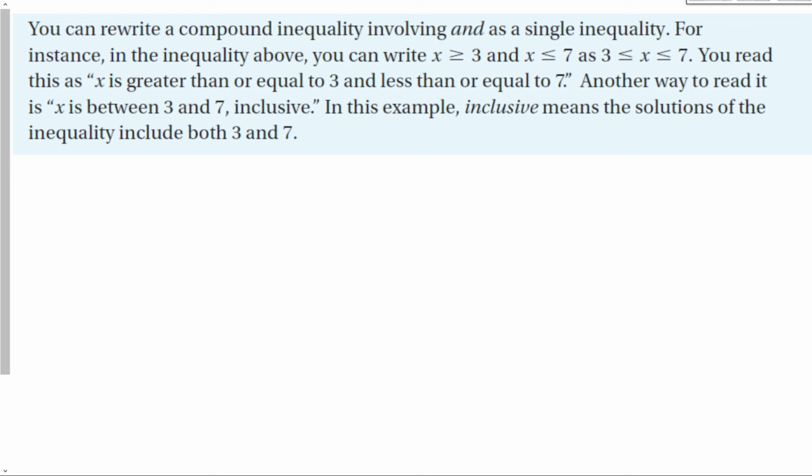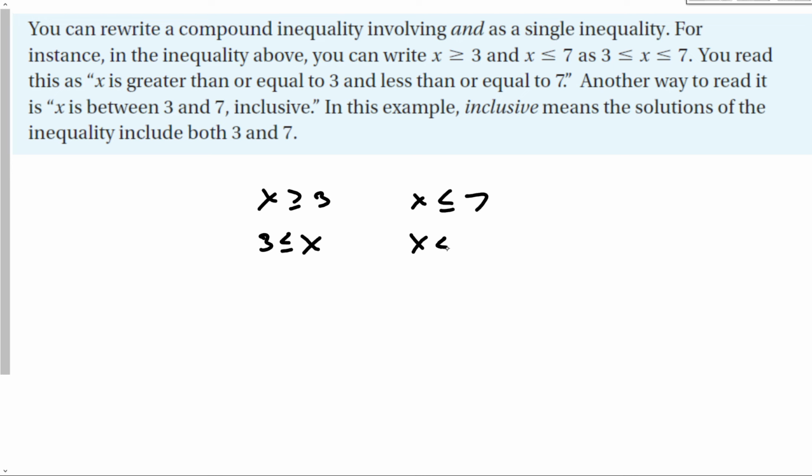We can rewrite a compound inequality involving and as a single inequality. For instance, on the last page, we can say x is greater than or equal to 3 and x is less than or equal to 7. I can flip this first one around and say 3 is less than or equal to x.